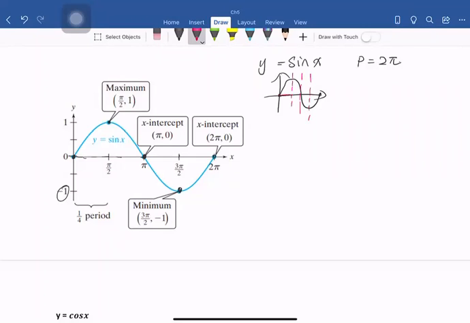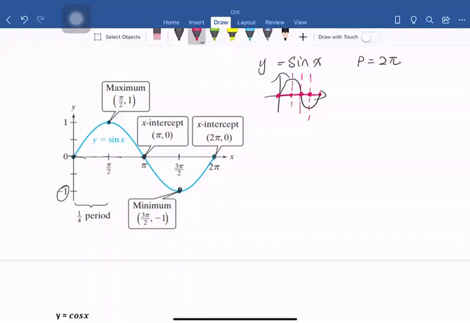This is one part, one part, one part, one part. So these 5 points, their x values are very important to know.